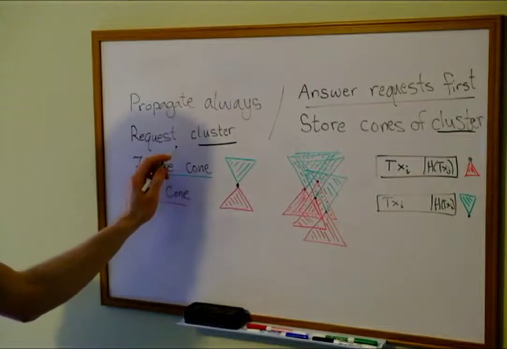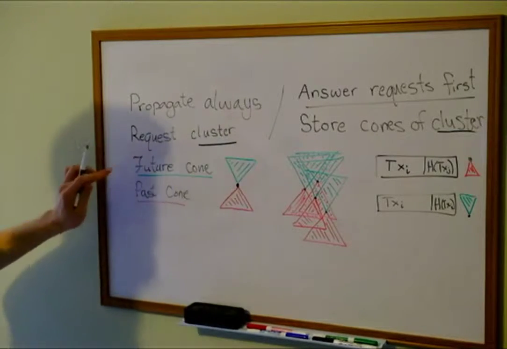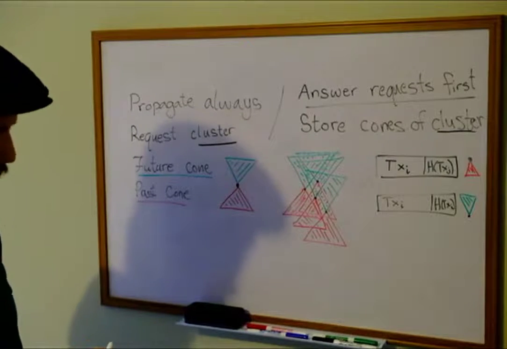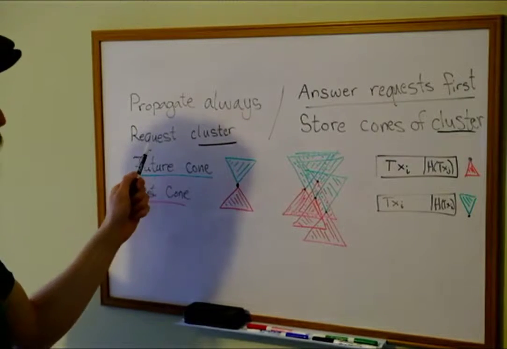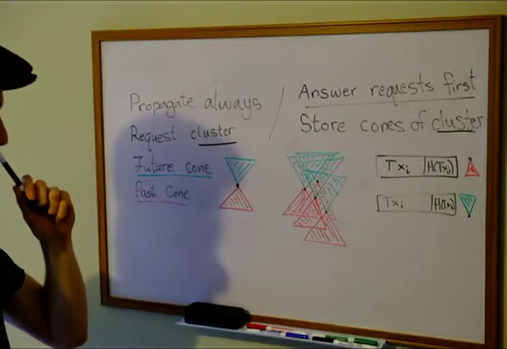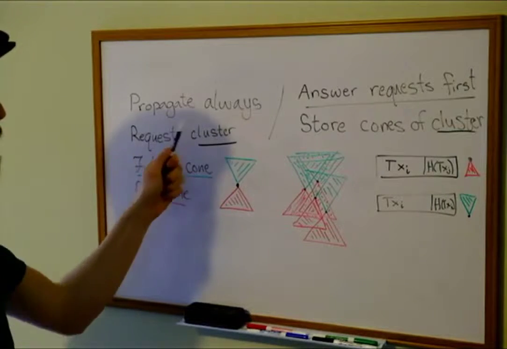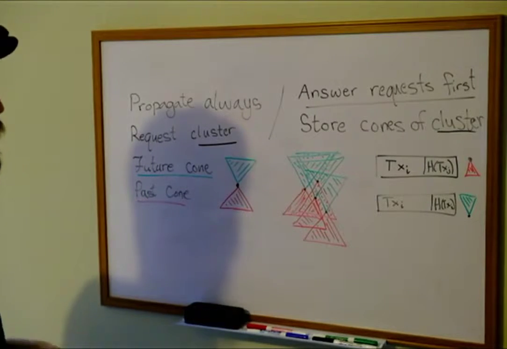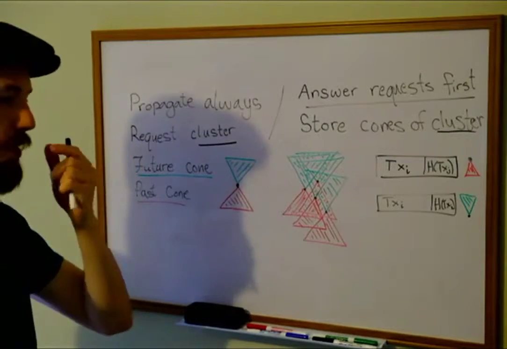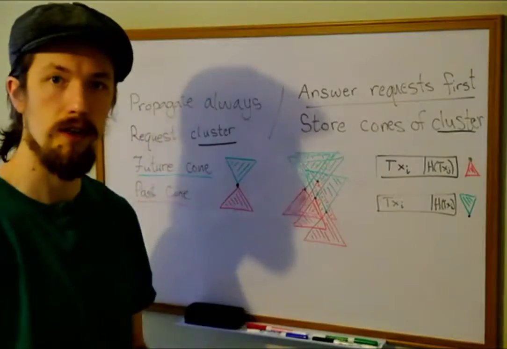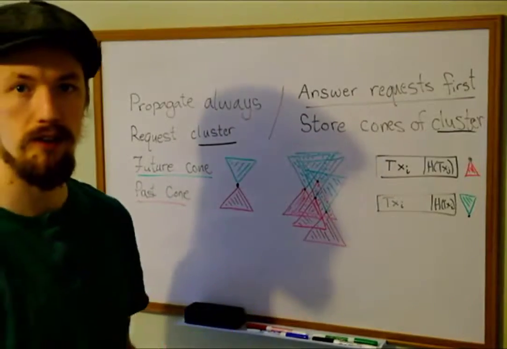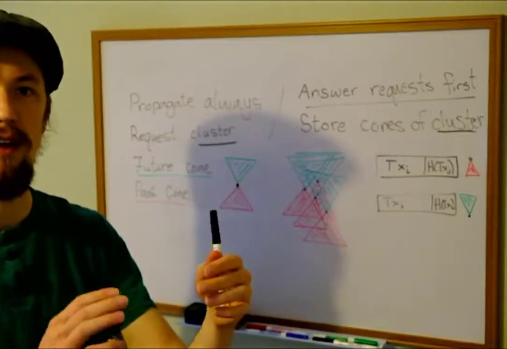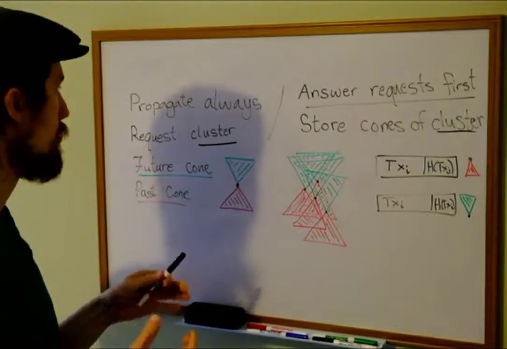So we request the cluster in the future and past cones. So anything else we do not request. And the fact that we're requesting in this fashion means that these requests take precedence. We do propagate always, but our propagations have limited stack sizes for their queues, and we pop off the stack dependent on a number of factors.